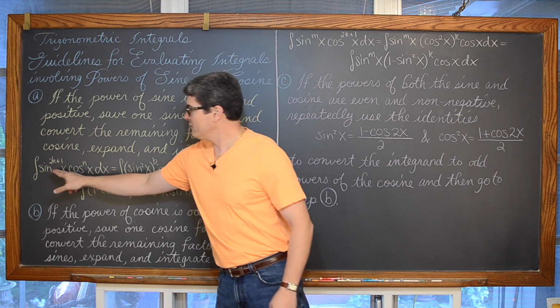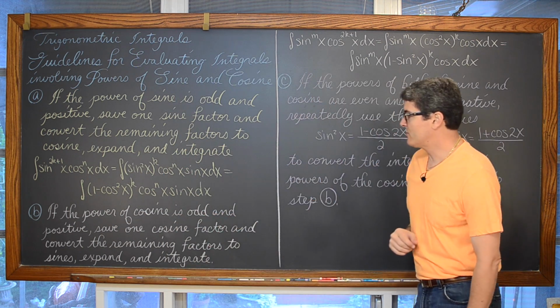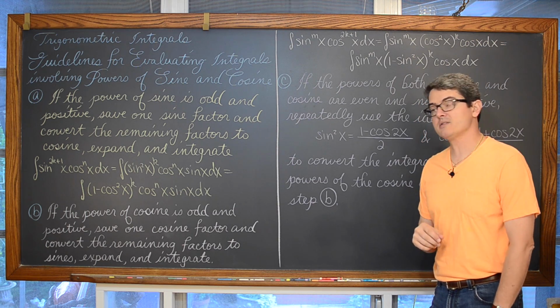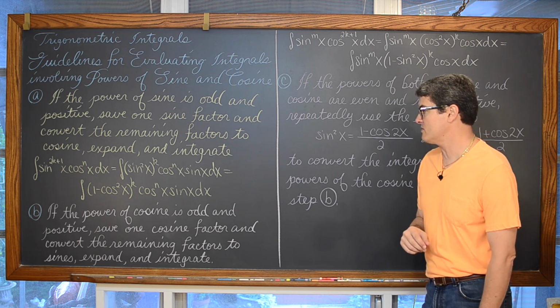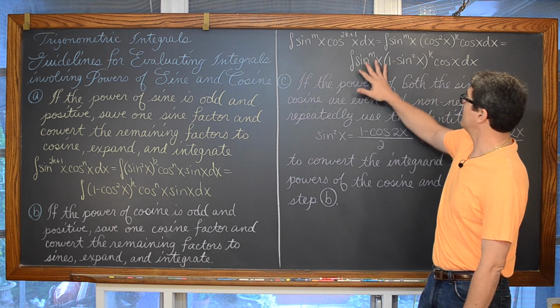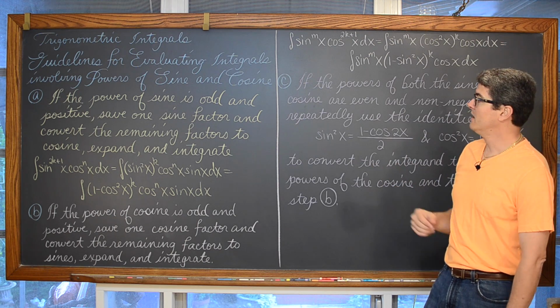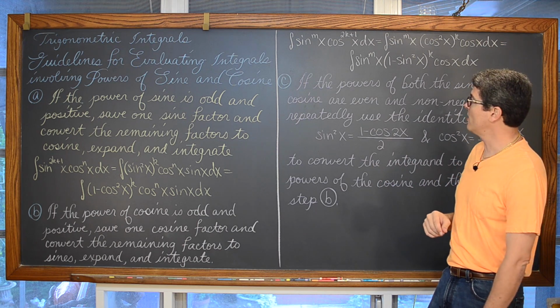Now, we're looking for that power of sine, and in step 2, let's go ahead and read that. If the power of cosine is odd and positive, save one cosine factor and convert the remaining factors to sines, expand, and then integrate, and you have some notation to go along with that part B of these guidelines as well.